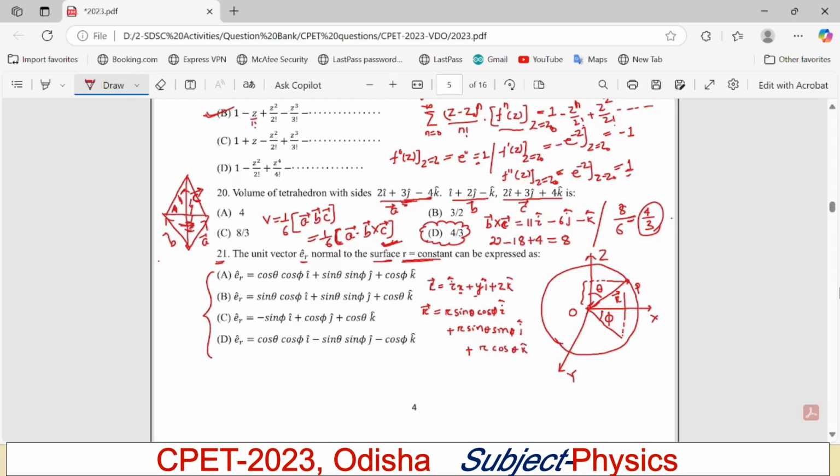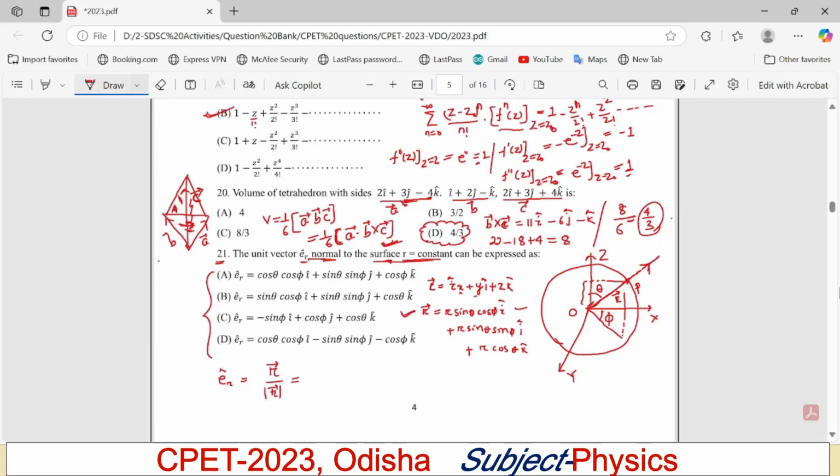Here it is asked that we have to find out the unit normal vector on the surface r equal to constant. That means we have to find out the direction of r, simply direction of r. Okay, so here r is the position vector in spherical polar coordinate system, represented by this. So what will be its unit vector? Unit vector ER cap is nothing but r vector by r vector magnitude, right?